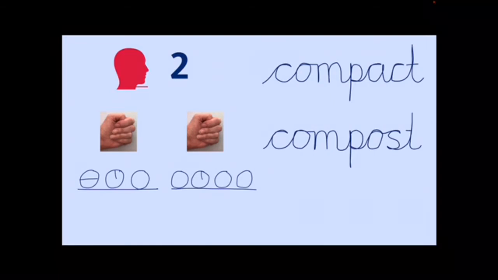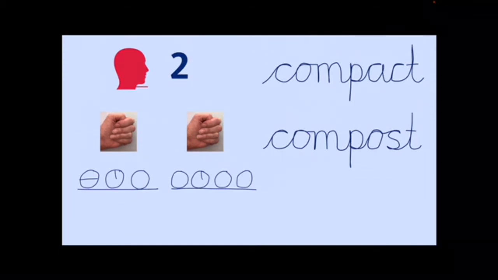How did you get on? The first syllable was the same. We needed to think a little bit about the second one. Both of them used the letter C for the sound K because they were followed by O.